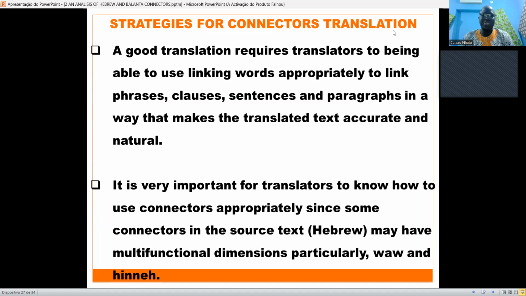It is very important for translators to know how to use connectors appropriately, since some connectors in the source text, which in this case is Hebrew, may have multifunctional dimensions, particularly when we are talking about vav and hine.